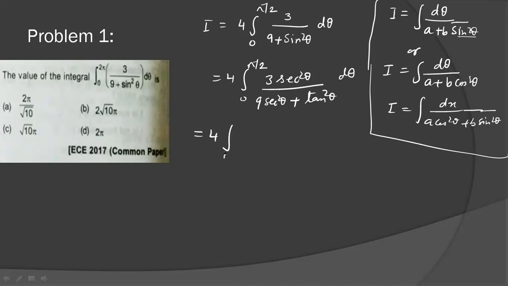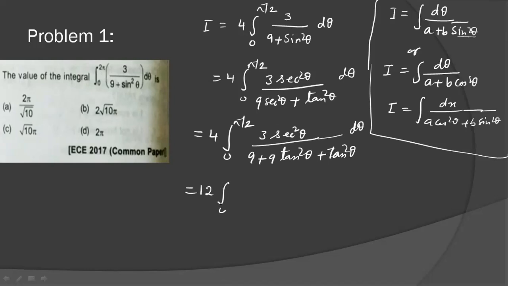So it will be 4 times the integral from 0 to pi by 2 of 3 sec square theta over 9 sec square theta, which can be written as 9 plus 9 tan square theta, because sec square theta is 1 plus tan square theta, d theta. So 3 we can take outside, it will be 12 times the integral from 0 to pi by 2 of sec square theta over 9 plus 10 tan square theta.